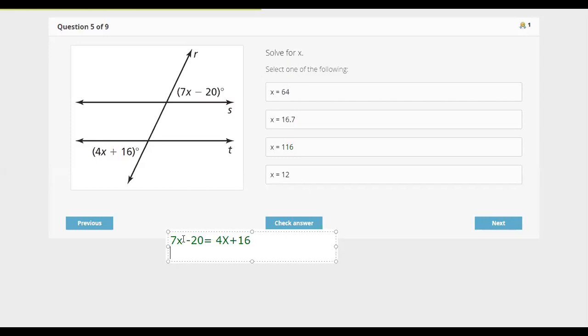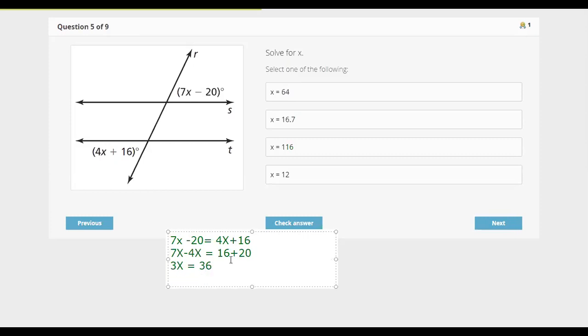Now we will combine the like terms together on one side. So it will be 7x minus 4x equal 16 plus 20. Now 7x minus 4x will be how many? 3x equals 36.